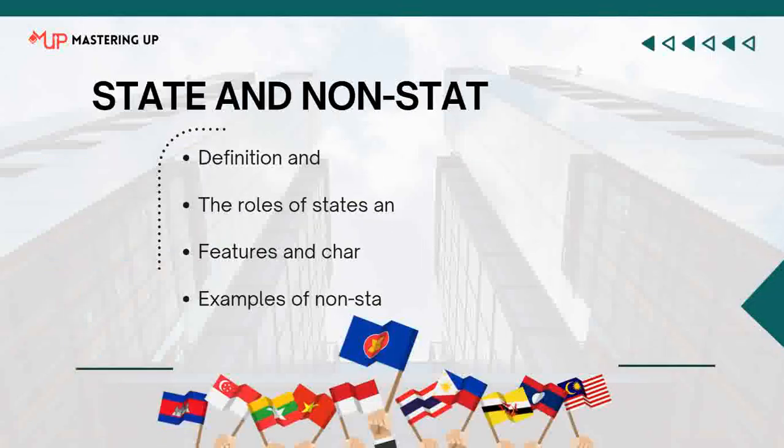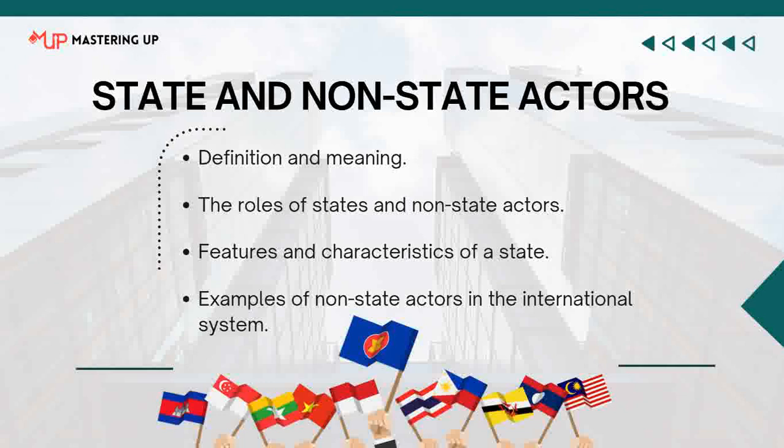So lastly, we talk about state and non-state actors as a core concept of international relations. We know that state and non-state actors are the key players in the international system. State actors generally refers to sovereign states that have a defined territory, a population and a government, while non-state actors, on the other hand, refers to entities that are not states but still have an impact on international relations.